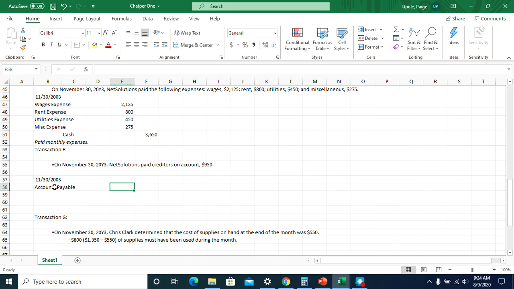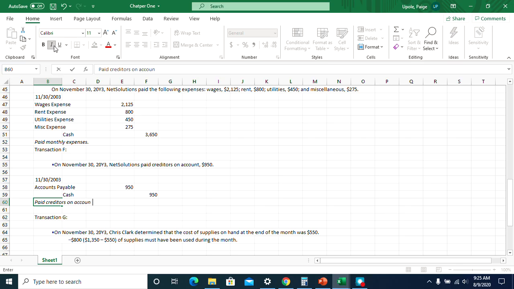So if I'm paying them for that business activity, I go ahead and I debit my liability. Then I pay for the liability in the form of cash. I'm decreasing an asset of cash, so I need to credit that. And then I record my business description, paid creditors account.